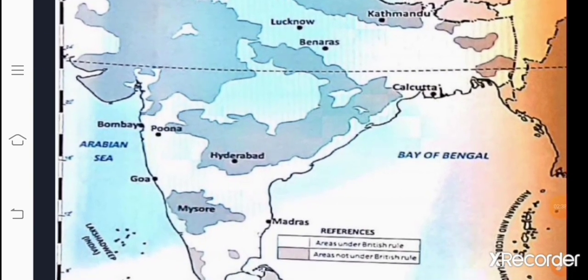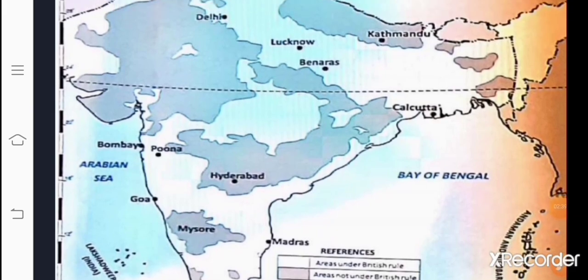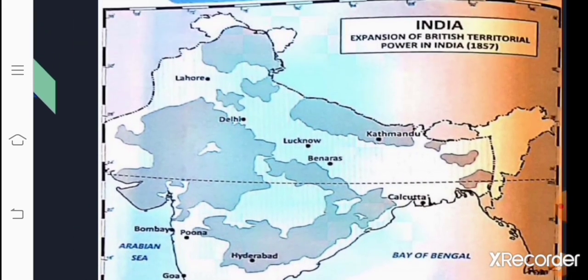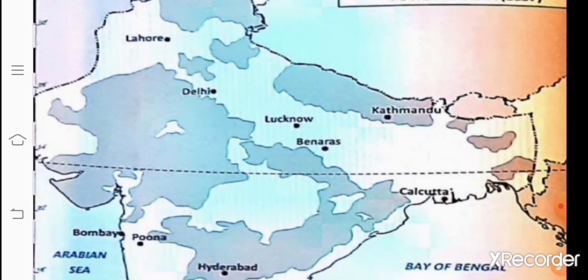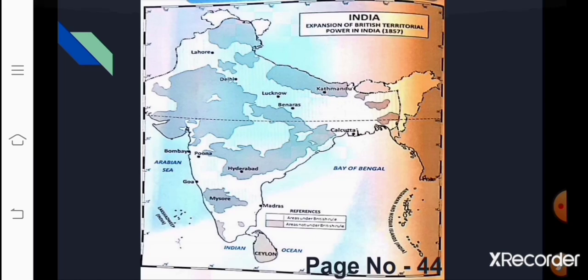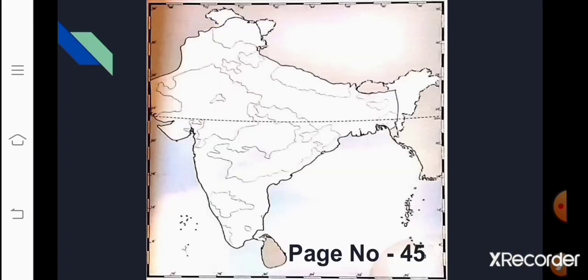Now see, where is Mysore? Yes, it is in the southern part of our India, right? And look, where is Delhi? You can see Delhi is in the northern part of our country, right? Now you have searched two places that you are going to mark in the plain map that is there right now.